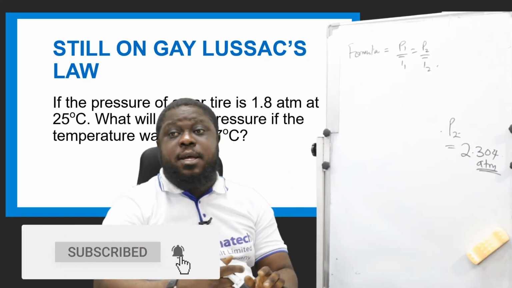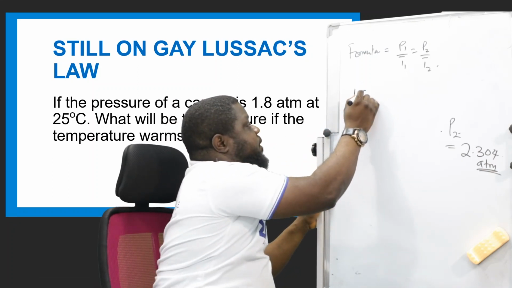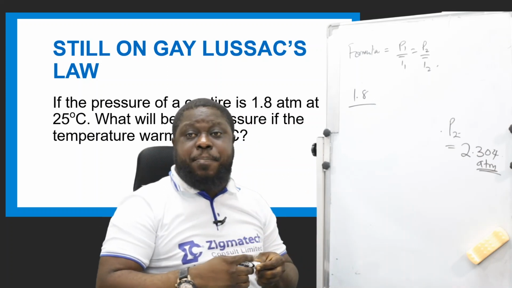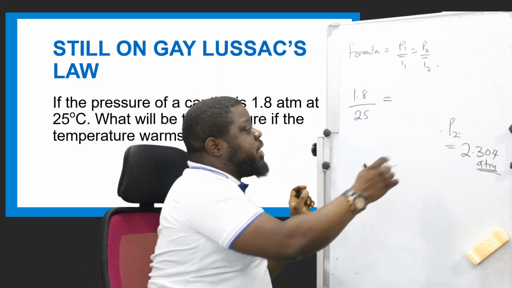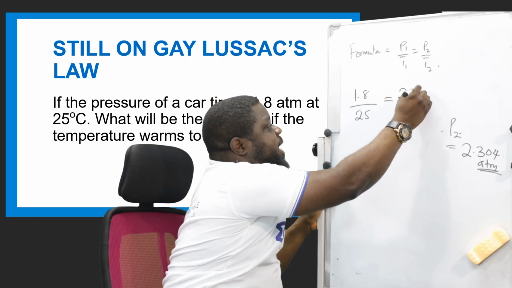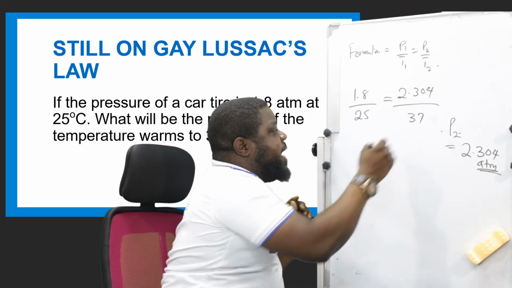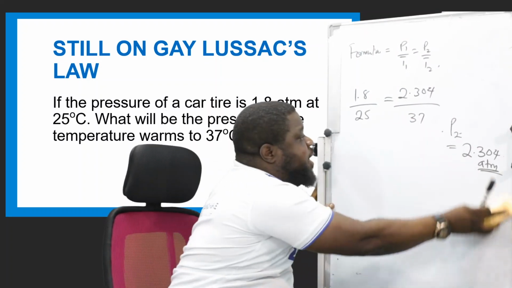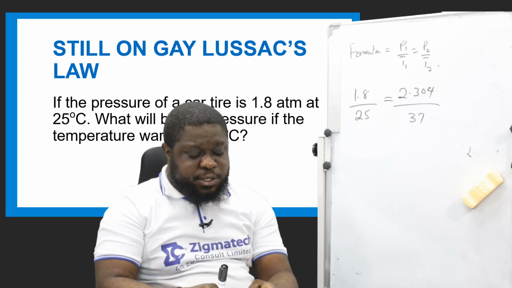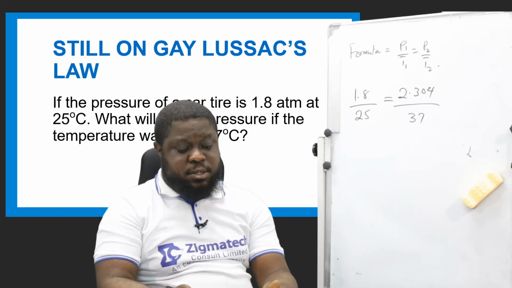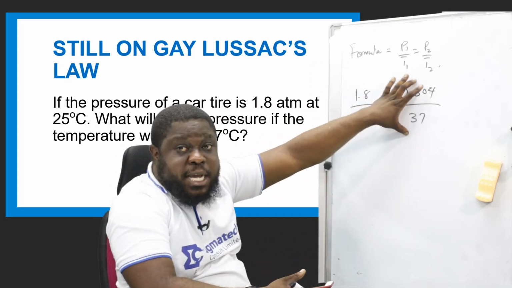Now, they say our P1 is 1.8, so that's 1.8 divided by 25, because our P2 is 2.304 divided by our T2, which is 37. Let's see if what we got here is what you will get here.